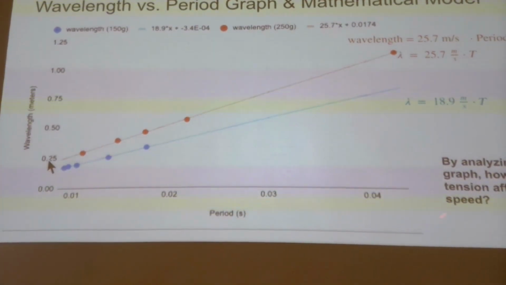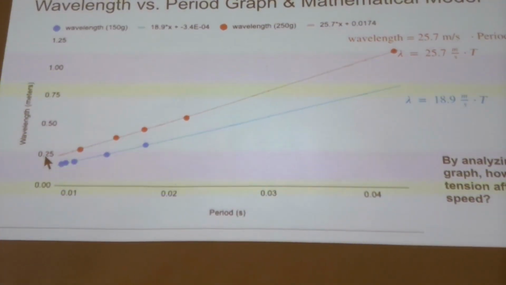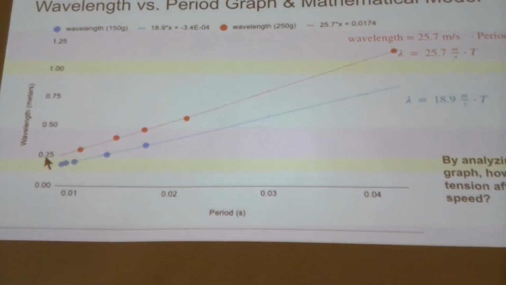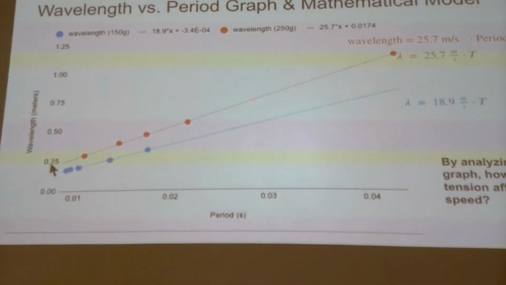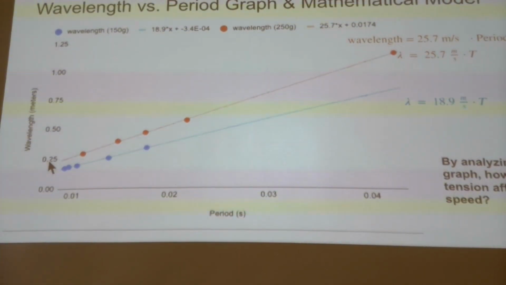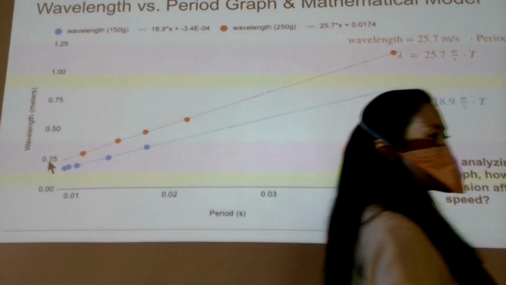But I want you to look at how that tension value affected the speed. So turn toward your group members. I want you to compare it with what data you got and tell me, after analyzing, how does the tension affect the wave speed? Turn to your group members, discuss it. I'll give you 1 minute and then we'll talk about it.